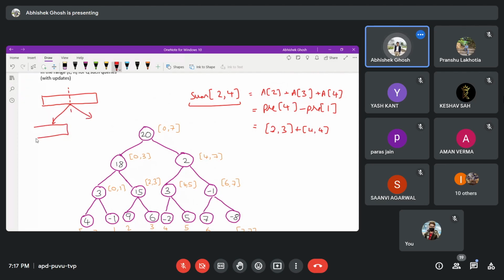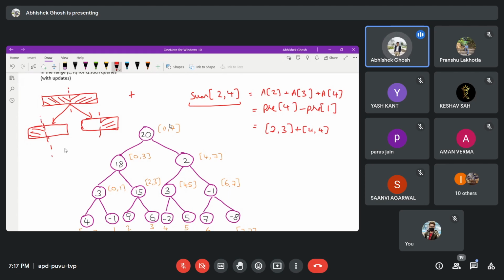Here I am storing the answer for the first part, and here for the second part. When I merge the two, I will have answered the bigger problem at hand, the initial one, by storing the answer to the two halves.